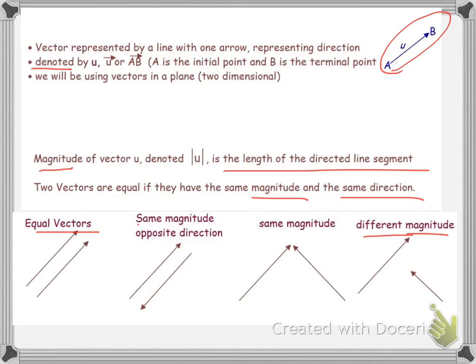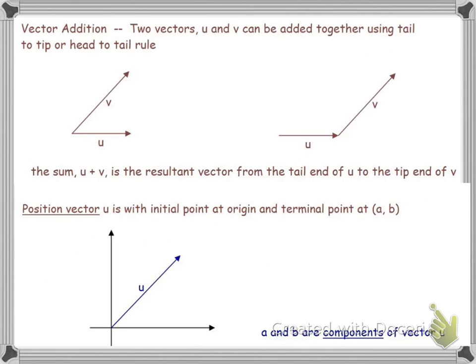You may have to pause it to write some of it down. That's fine. Just pause it whenever you need. To do vector addition, two vectors, u and v, can be added together using the tail to tip or head to tail rule.